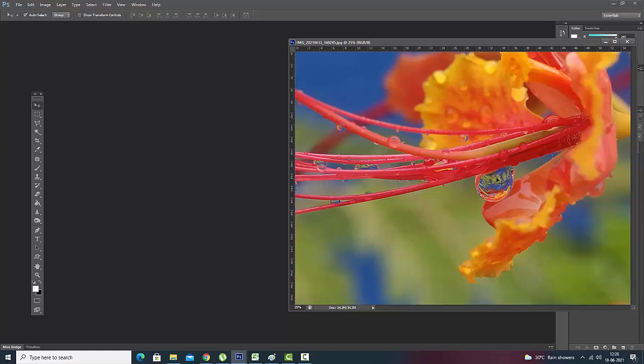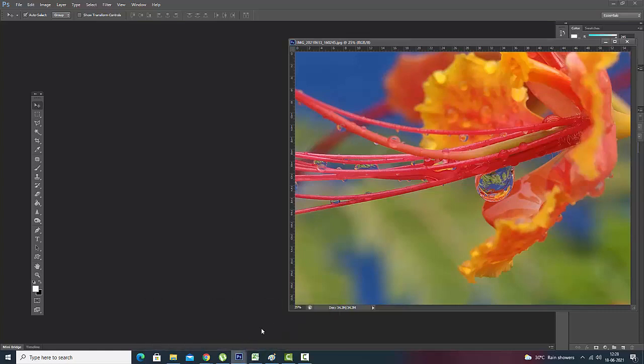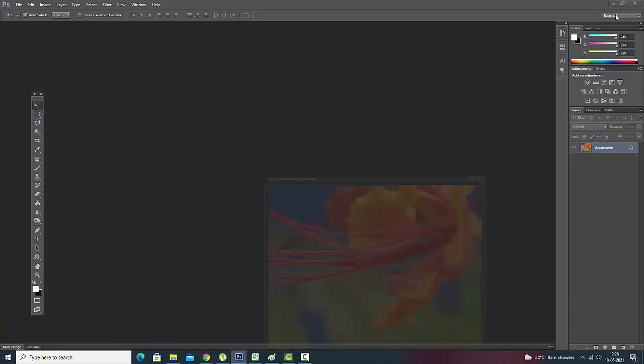So that one I have to sharpen. For that reason I have sharpened it, and thereafter it has been created like this, okay. Only this portion has been sharpened. Other things have also been slightly increased, but this one is coming out from it. So this is mainly called the sharpening part.